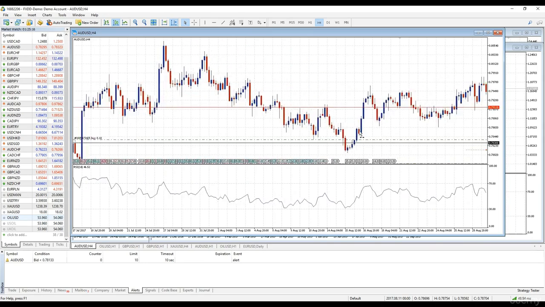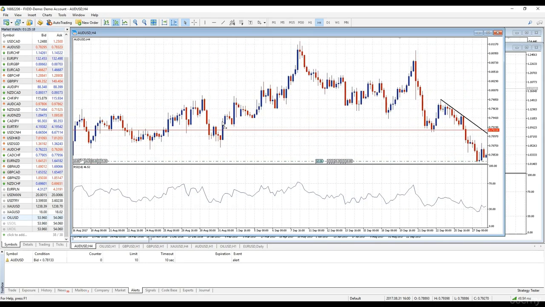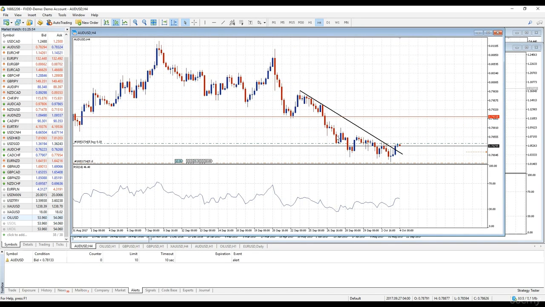Become familiar with candlestick analysis, because the more you know about candlestick analysis, the better off you guys will be. Okay, so I'm going to leave it there for now. In the next lecture, I'll be talking about spotting trends.